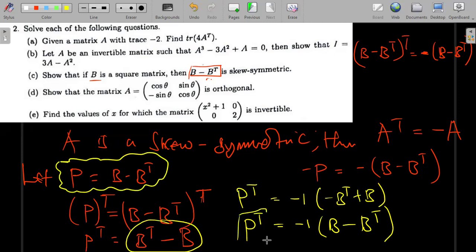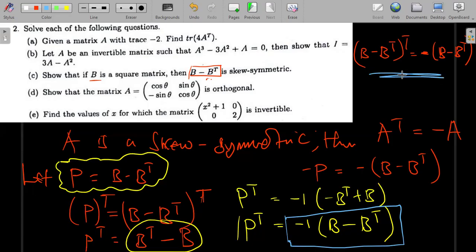All right, so we see that we set our P to be equal to this, and then our P transpose is just the negative of the same thing that we had. So we see that P transpose is equal to minus B minus B transpose, and then P is equal to this.